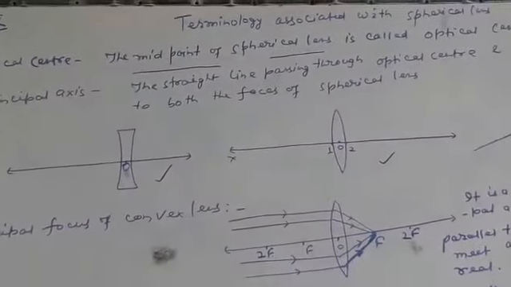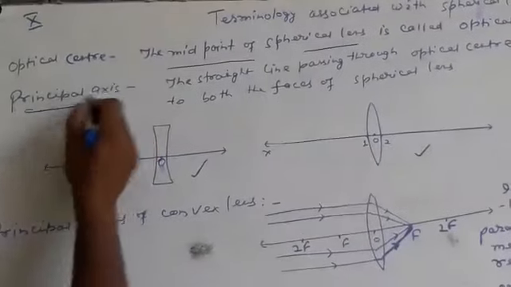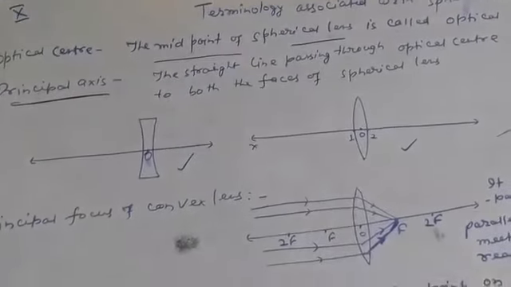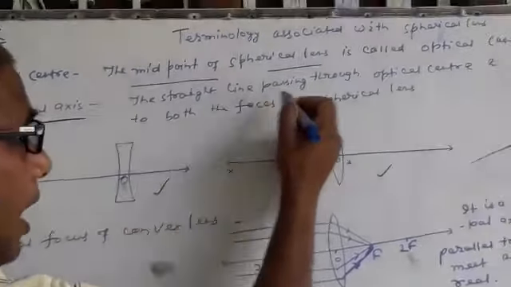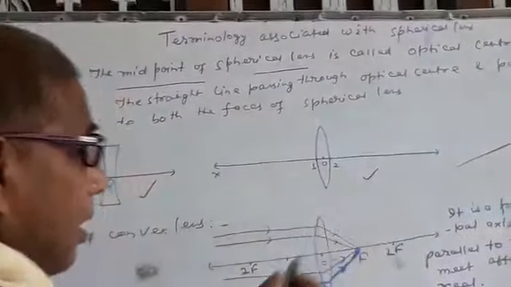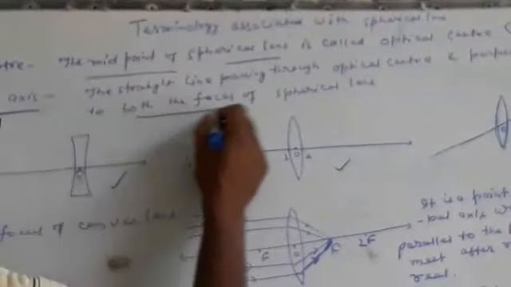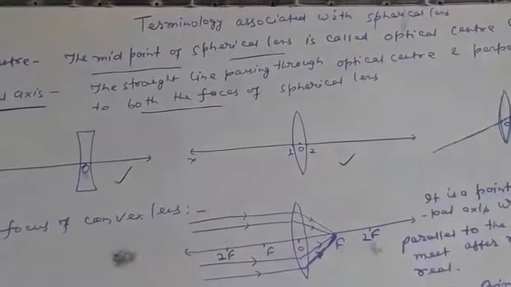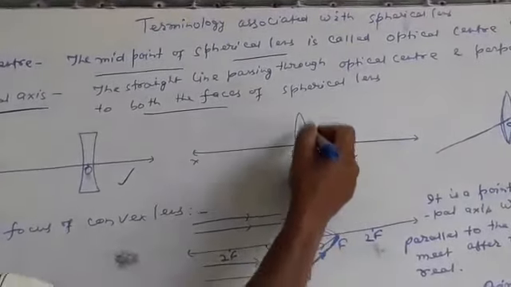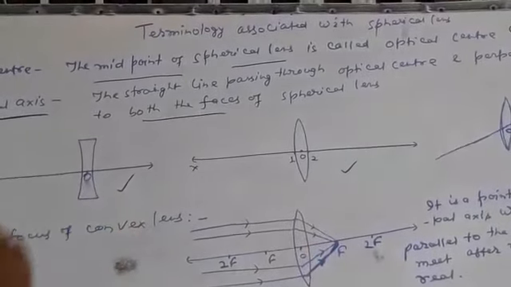Now the second term is principal axis. The straight line passing through the optical center and perpendicular to both the faces. You are seeing here a convex lens and a concave lens.